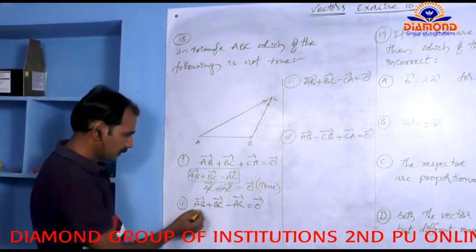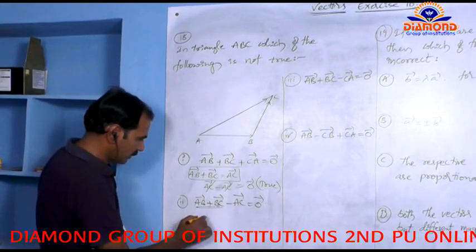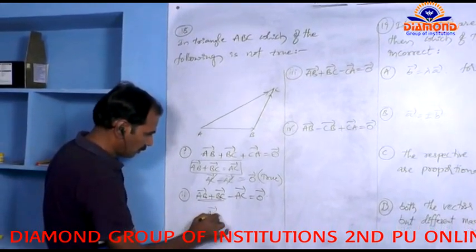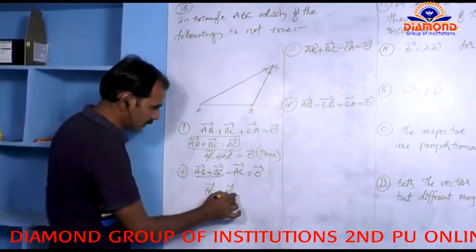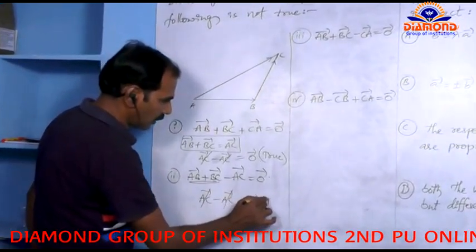For the second one, this value is AC bar minus AC bar, so they cancel and it equals 0 bar. It is also true.